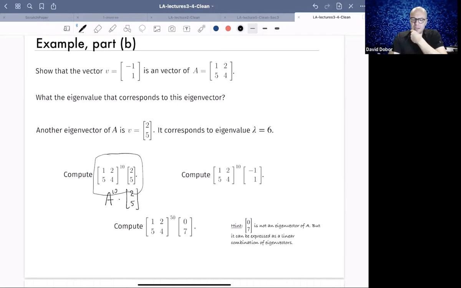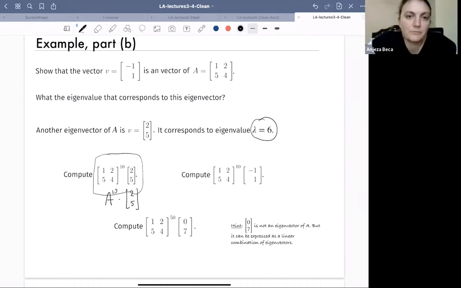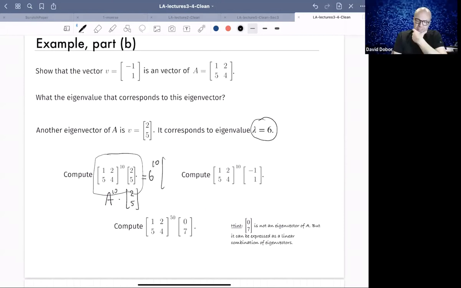Remember, 2, 5 is an eigenvector with eigenvalue 6. What happens when I apply the 10th power of the matrix to it? It's 6 to the 10th times the vector. Exactly. All I have to do is know what 6 to the 10th is. That's much easier for a computer than computing the power of a matrix.